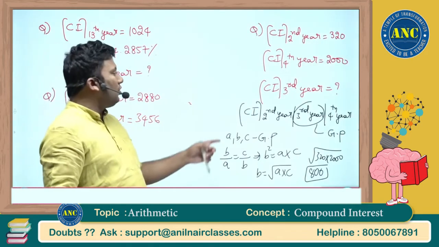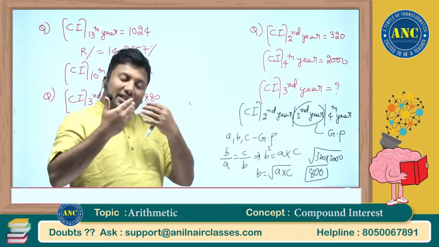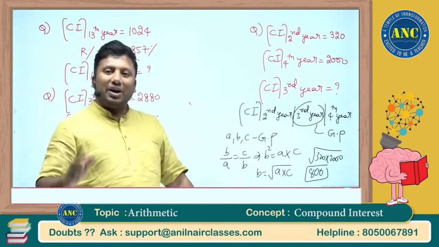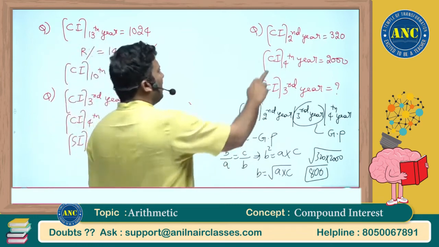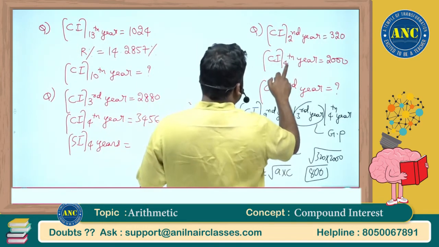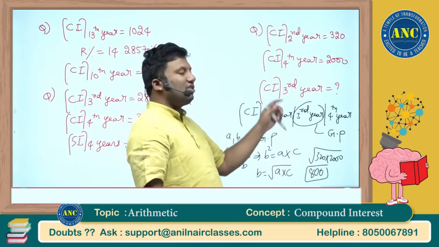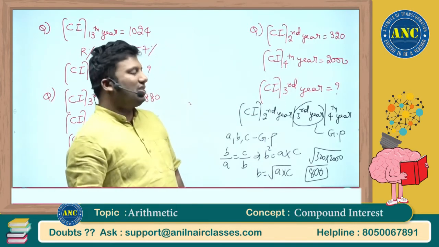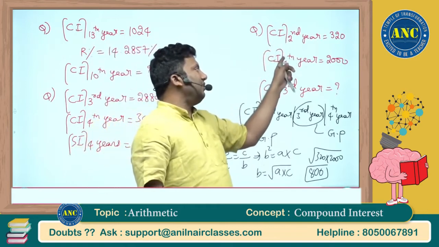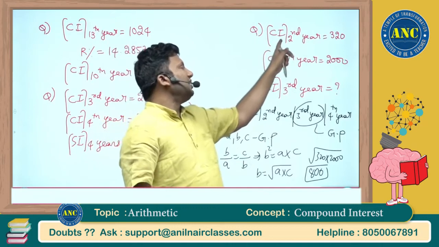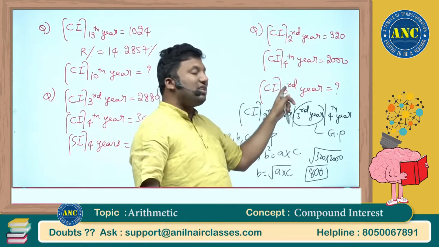The students who know this concept, that CI at the end of particular years, consecutively, are always in geometric progression. Second year is given, third year is asked, fourth year is given. Second, third and fourth: the third is nothing but the middle value. Second is given, eighth is given, fifth is asked. That is also the square root. Second is given, 12th is given, 7th year is asked.